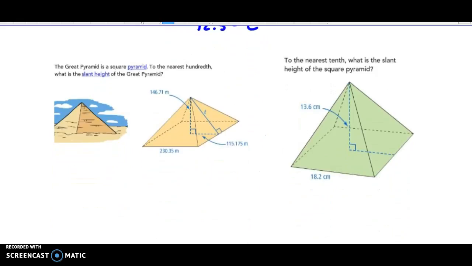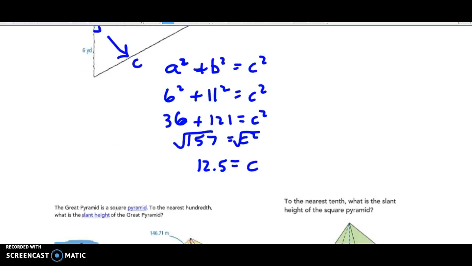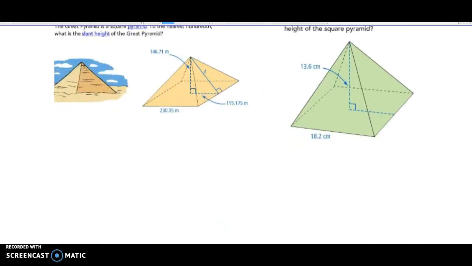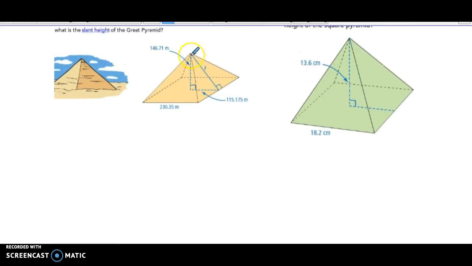The last thing you will be asked to do on your homework today is looking at the slant height. So we're looking at slant heights of pyramids. When we talk about the height of a pyramid, we are talking about dropping a line down from the vertex straight down so that it is perpendicular to the ground.